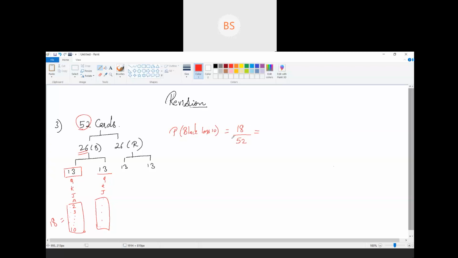You should simplify this and you'll get the answer. 2 nines are 18, 2 twenty-sixes are 52, so we get 9 upon 26.